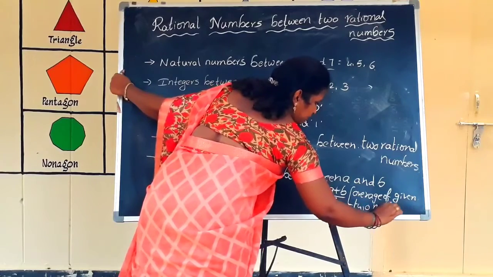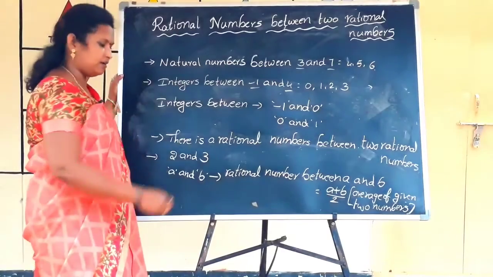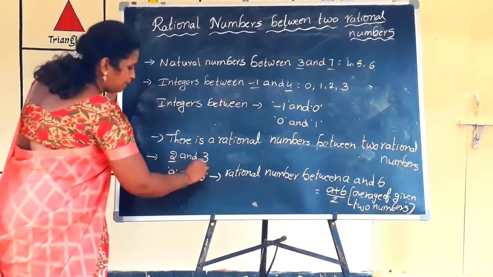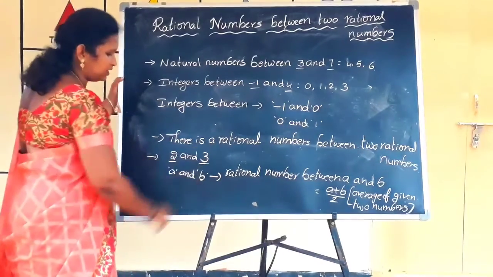The average or the mean of the given two numbers will become the middle rational number of the given two rational numbers.